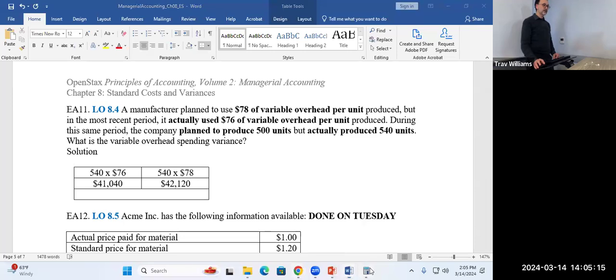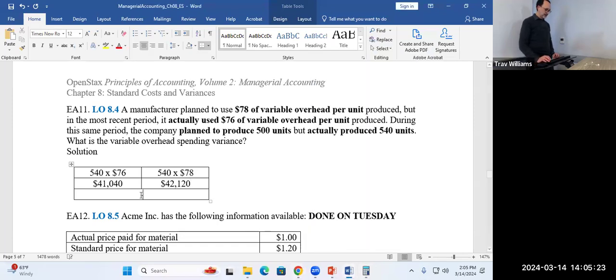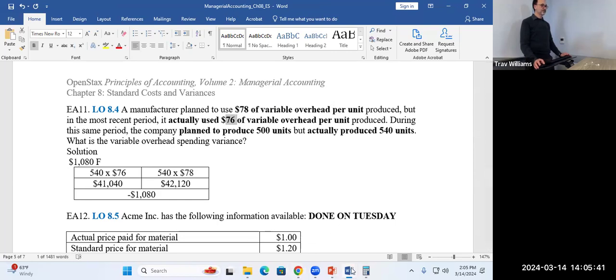We then subtract, right, left side minus the right side. And we get negative 1,080. So our rate variance here is $1,080 favorable. Because we had a lower variable overhead rate per unit, we saved $1,080.